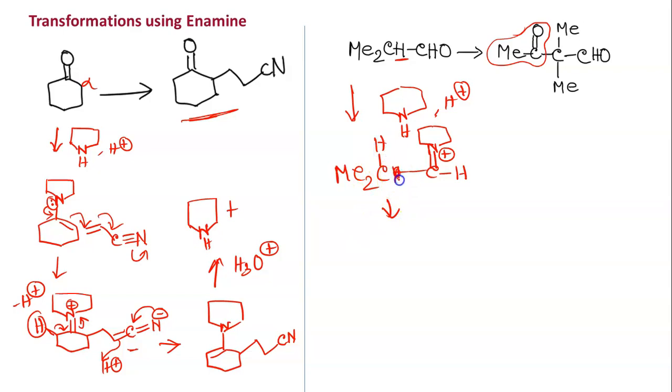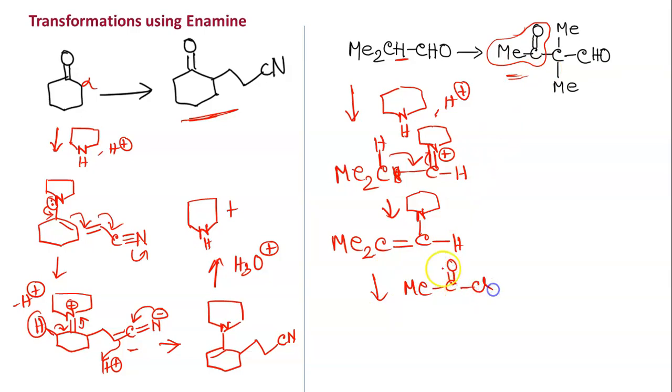If I remove this hydrogen and write it here as a CH bond, then nitrogen would be neutral. So we are getting Me2C double bond C, nitrogen, hydrogen. Now for MeCO, we will use CH3COCl.